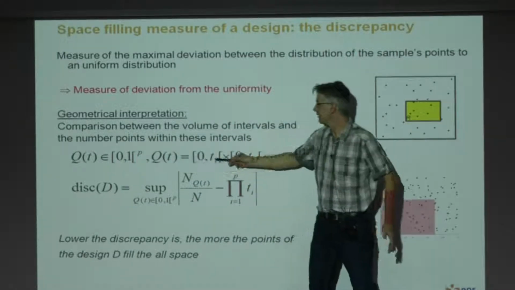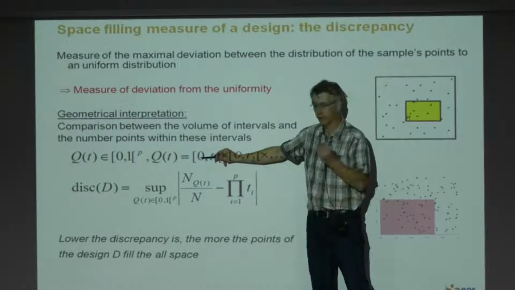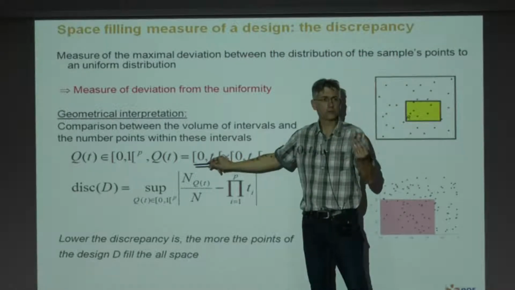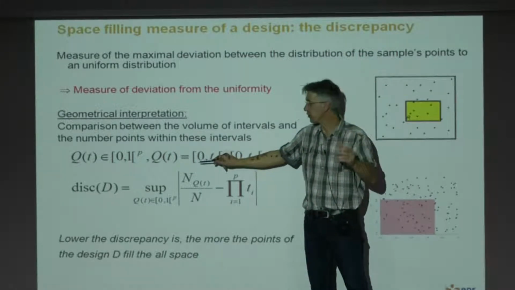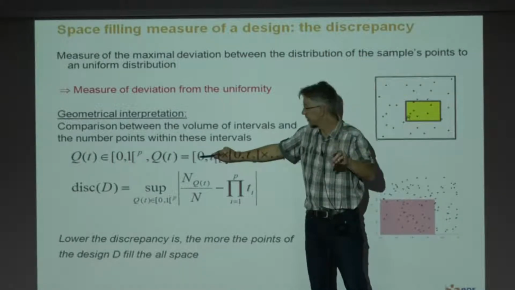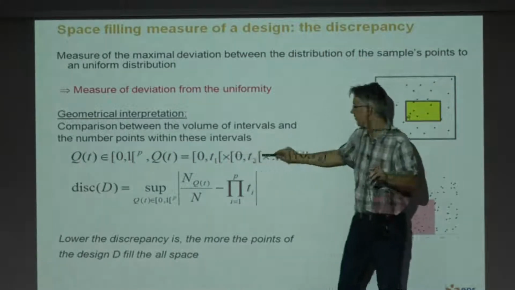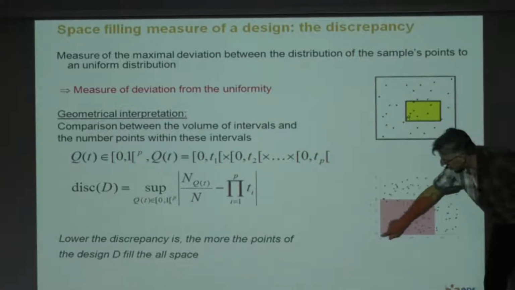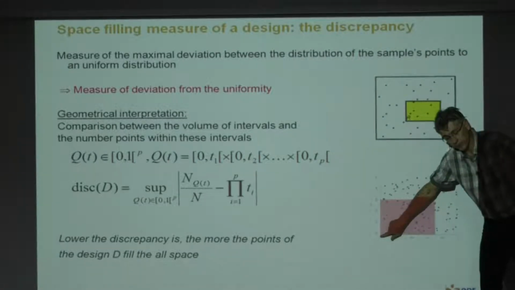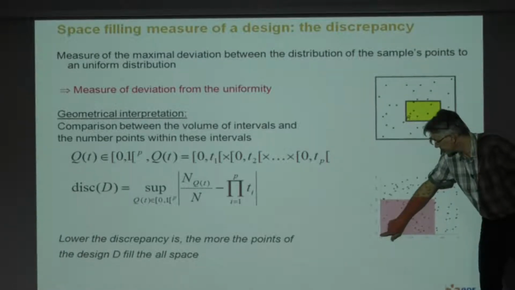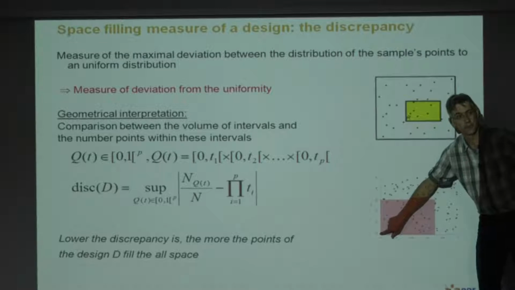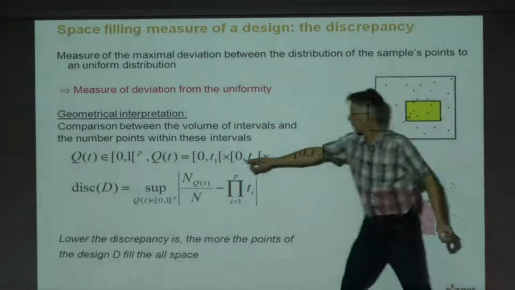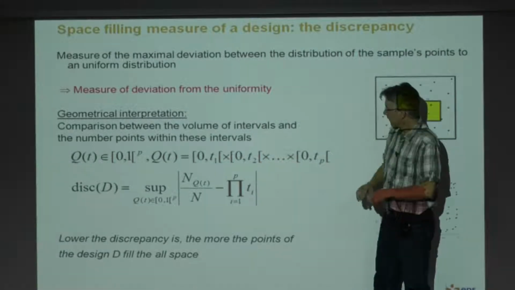I will consider subintervals anchored, do you understand anchored? Maybe not, but anchored on 0. So all these kinds of subintervals where the minimal border is 0. Okay? Is this more clear?